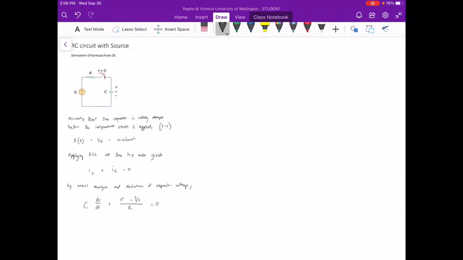Then we just have to rearrange the terms. This is the indication that we've achieved the first order differential equation.